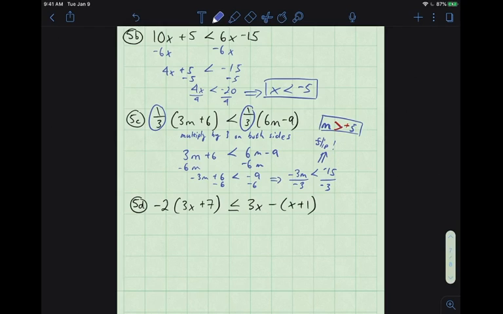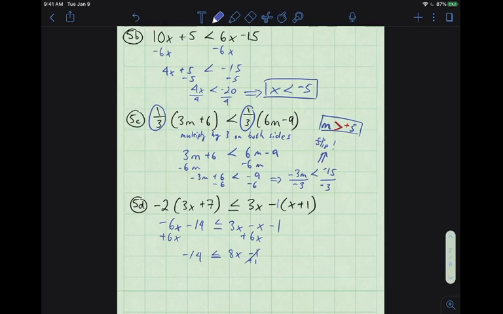Last problem for today's lecture. A little bit more complicated. Maybe I'll distribute things out. Negative 6x minus 14 less than or equal to 3x. Distribute this, minus x minus 1. Combine like terms here. I'll also add this over. Negative 14 is less than or equal to 9x minus 1 is 8x minus 1.